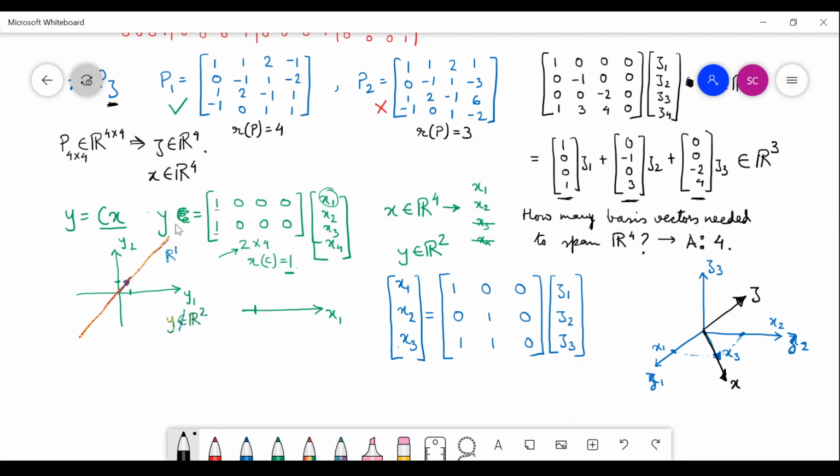So if we have two different outputs, the C matrix must be such that its rank is 2. It should not be less than 2, or even more than 2. So if we want to generate two outputs, my C matrix should have rank 2.